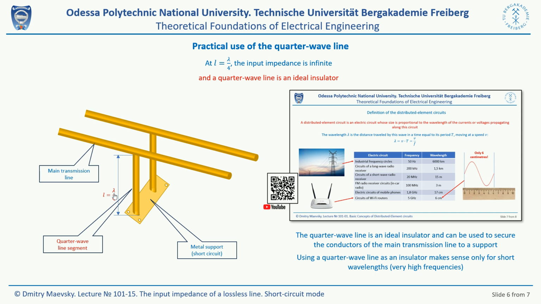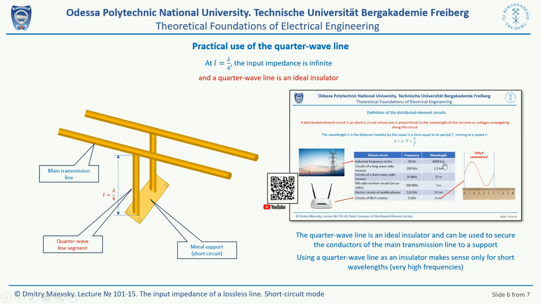Therefore, using this method to insulate power transmission lines, say at the industrial frequency of 50 Hz, would be very challenging. In our very first lecture of this topic, here is the link to it, we established that the wavelength for a frequency of 50 Hz is 6,000 kilometers.